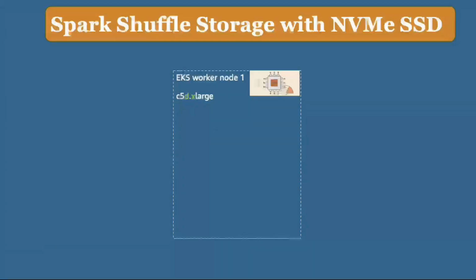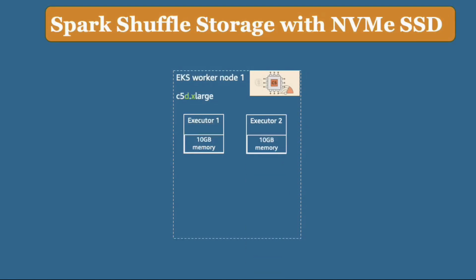So for example, if we have an EKS worker node which is called C5D.xlarge, D is a specialized instance type which provides SSD storage. Now on this node, we have two executor pods, 1 and 2. Each of them is using 10 GB memory to run the workload.